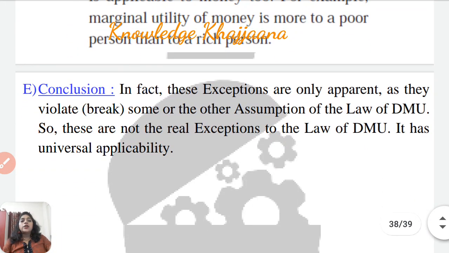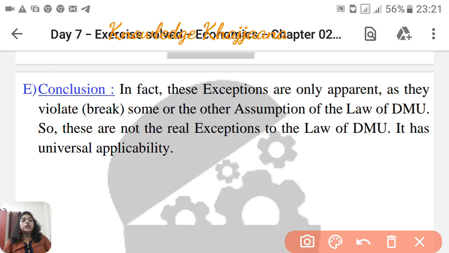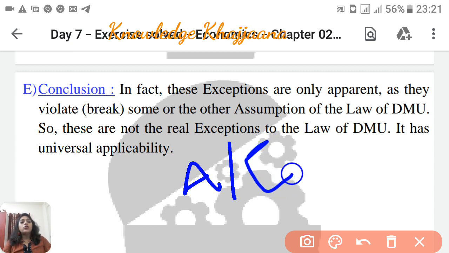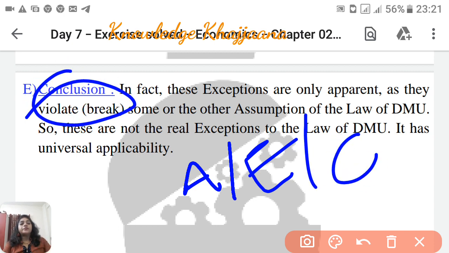And the next point is the conclusion. Here you have to give the conclusion of what has been asked. If assumptions have been asked, or exceptions, or criticism, whatever has been asked, you have to give the conclusion accordingly.